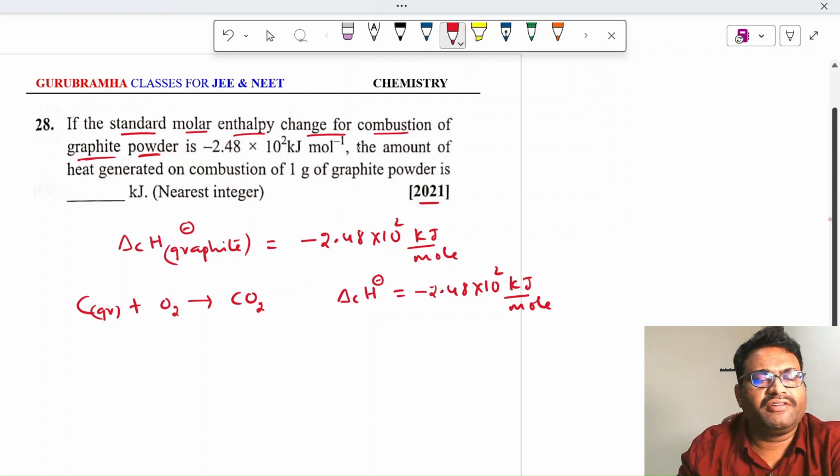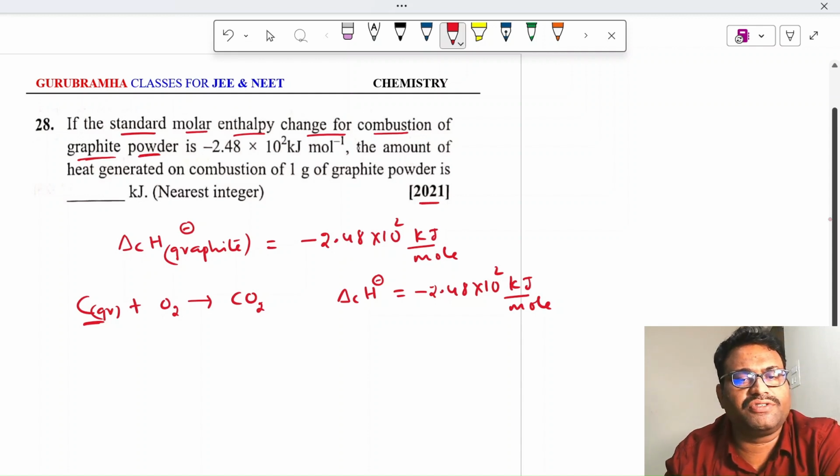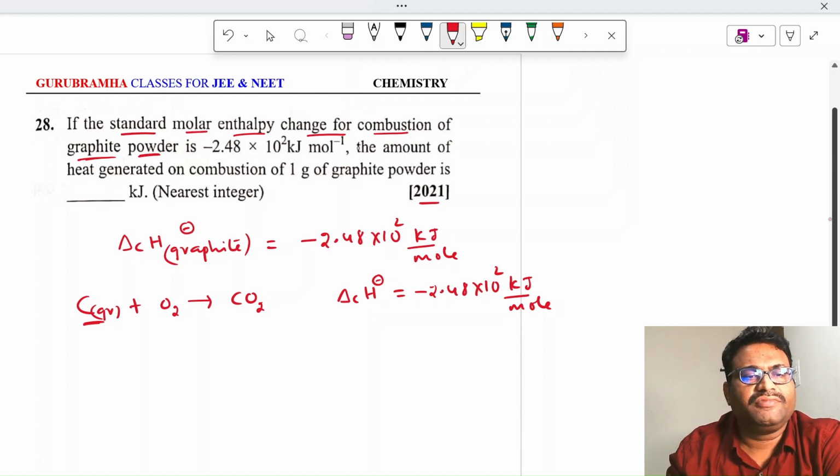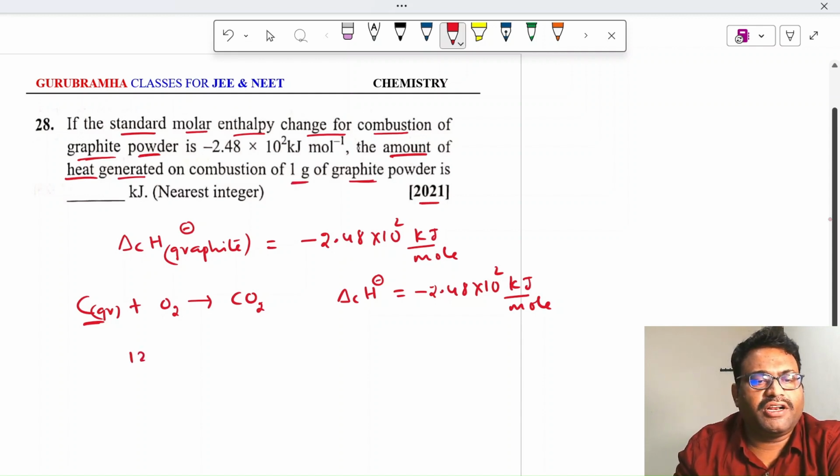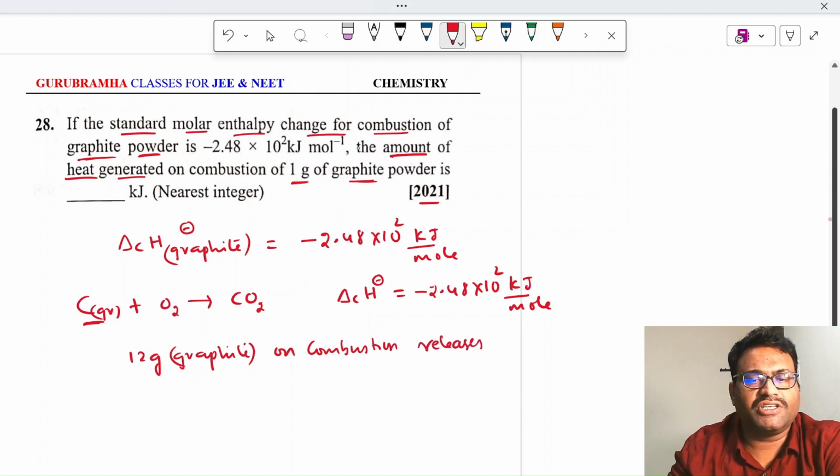What does this mean? This means that 1 mole of graphite powder on combustion gives this much amount of energy. The question asks for the amount of heat energy generated on combustion of 1 gram of graphite powder. So 12 grams of graphite on combustion releases 2.48 into 10 power 2 kilojoules.